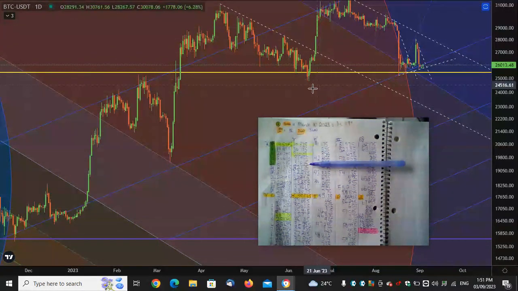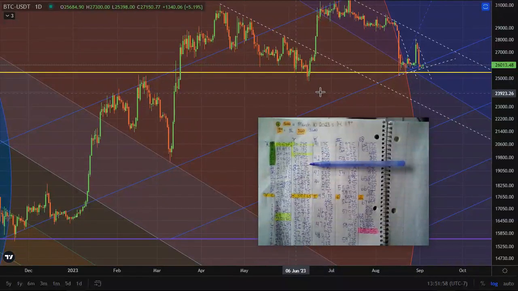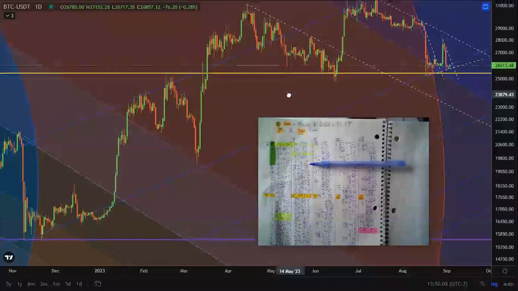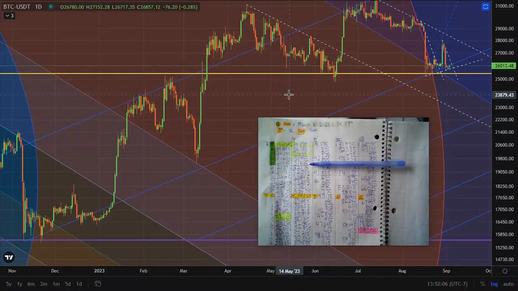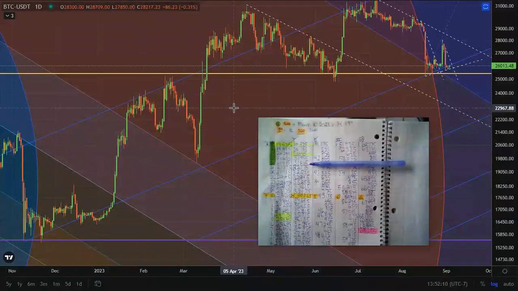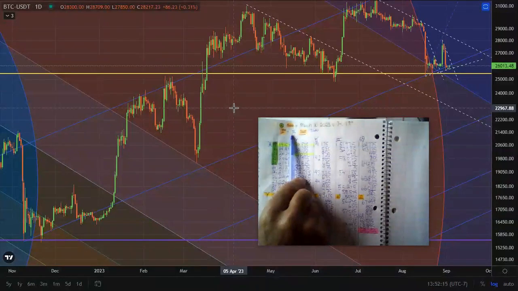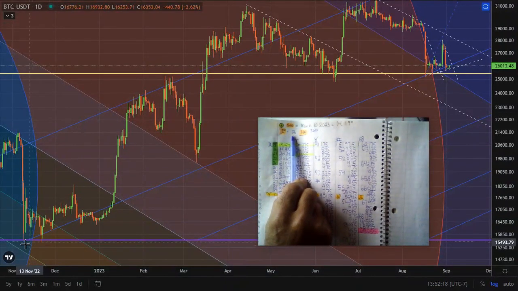We got a big one today. Let's take a look at our sun scale here. We're going to look at a couple of sun scales. First, we'll look at the one that goes back from the very beginning, right here, this blue trend line.